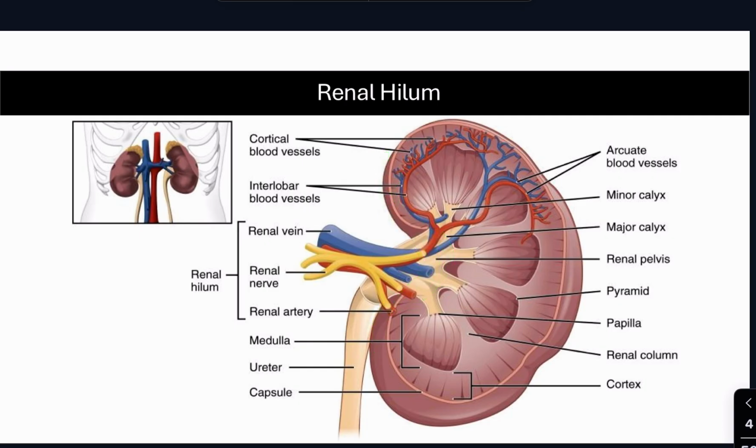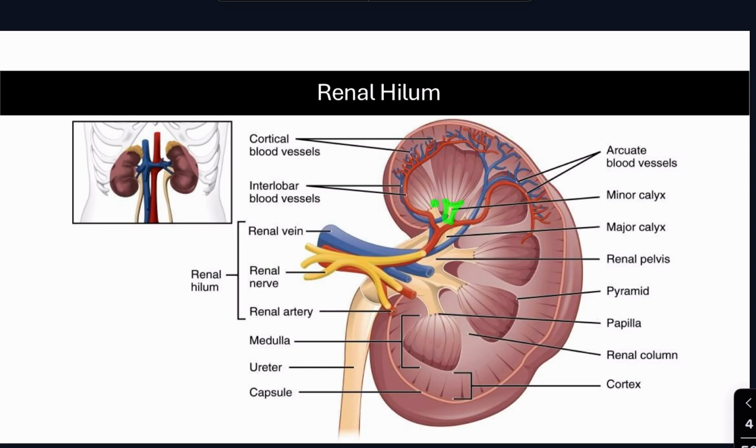So emerging from the hilum, we have what's called the renal pelvis. The renal pelvis is all this area here, and it's formed from what are called the major and minor calyces in the kidney, right? Calyces is the plural for the word calyx, however you want to pronounce it. So if we look over here, we can see the minor calyx.